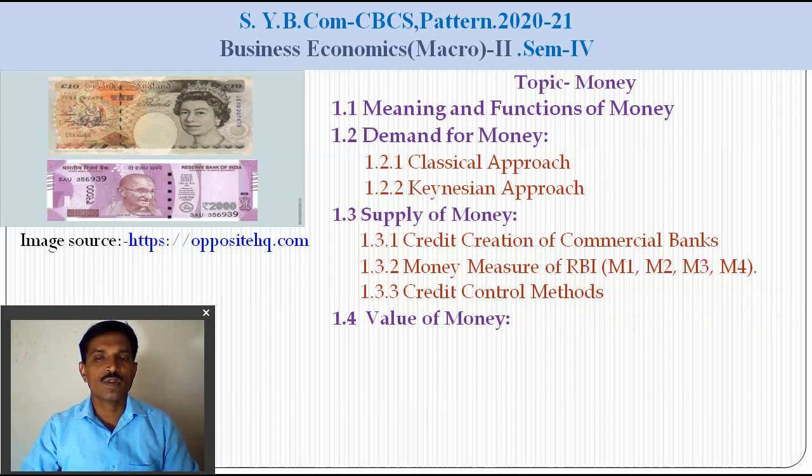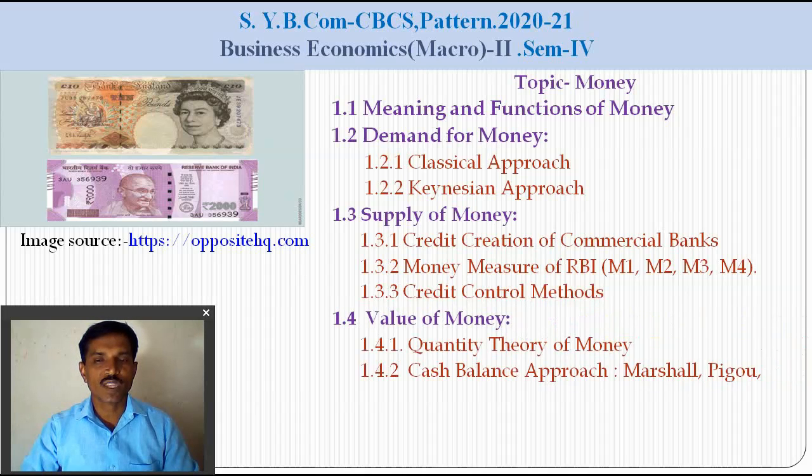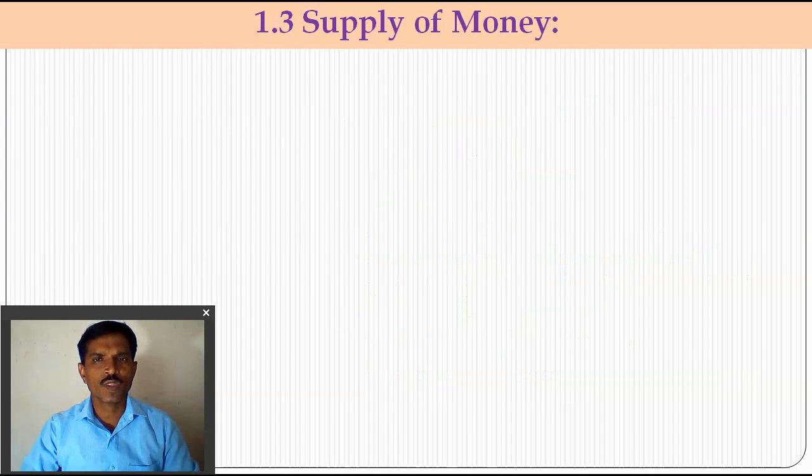And the last one is about the value of money. There are two theories, the quantitative theory of money and the cash balance approach. There are the Marshall, Pigou and Robertson and Keynesian views about the Cambridge approach or the cash balance approach.